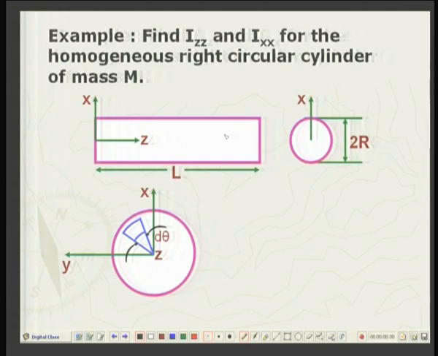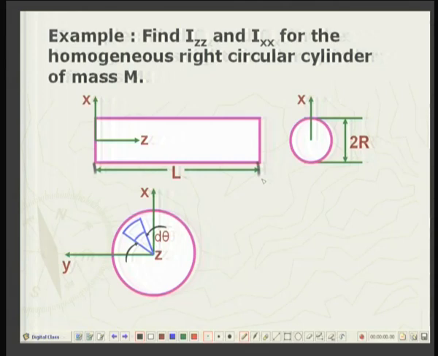So, you can see that these axes are at the end. The z axis is along the length of the cylinder. The length of the cylinder is L, okay, from end to end, and the radius is R. So, the diameter is 2R along the x axis, and the third axis is the y axis.